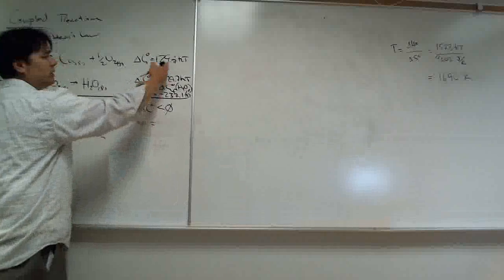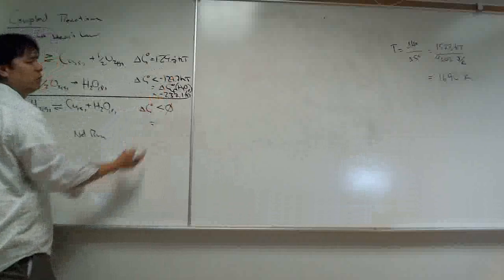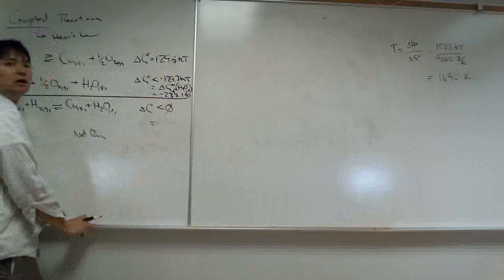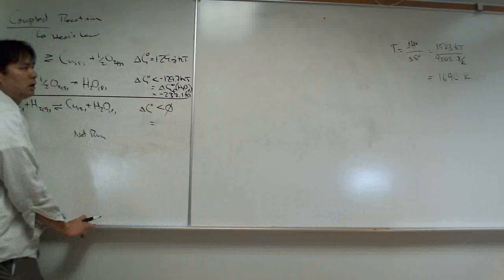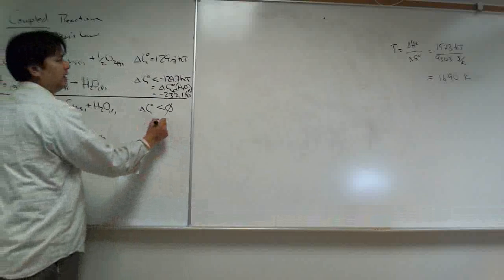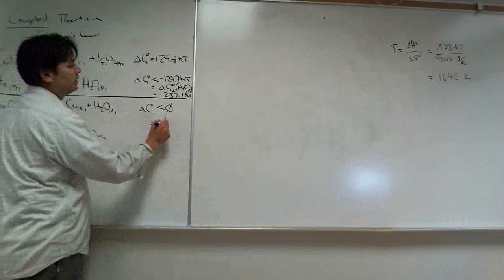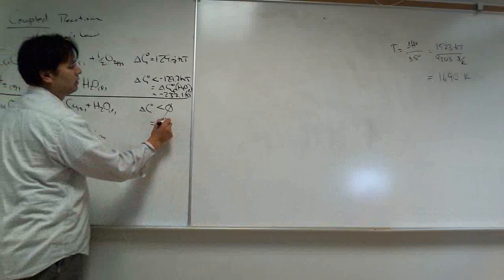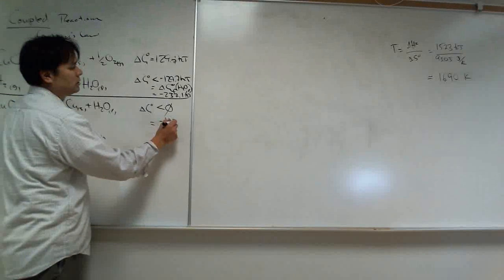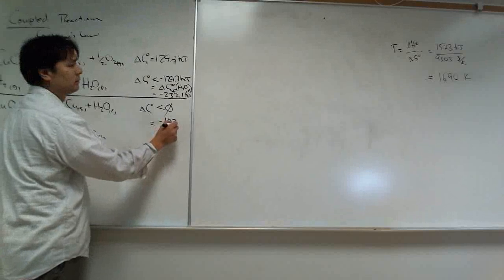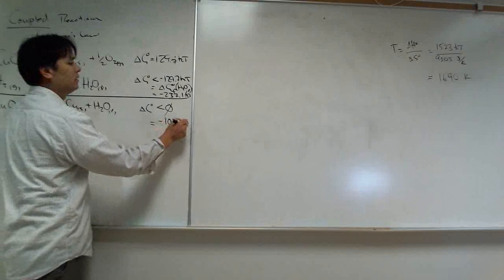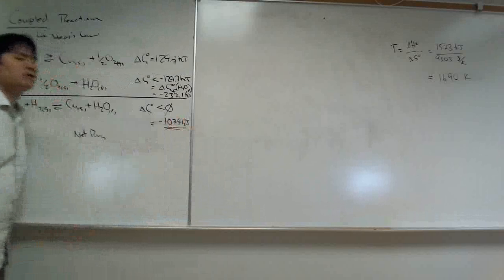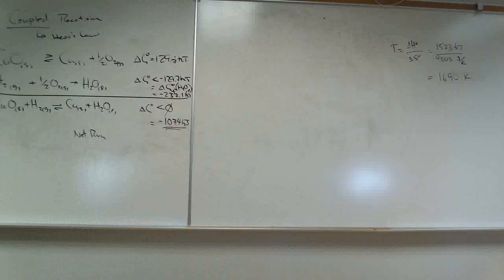And so 129.7 minus 237.1 is equal to minus 107.4 kilojoules.